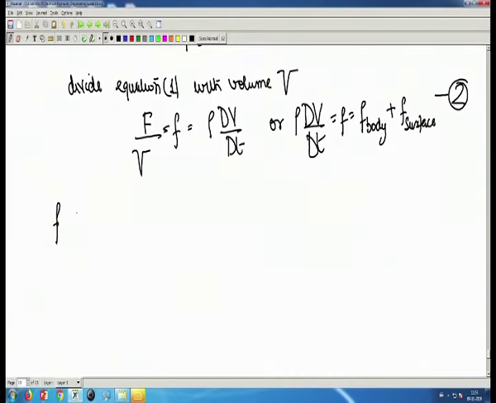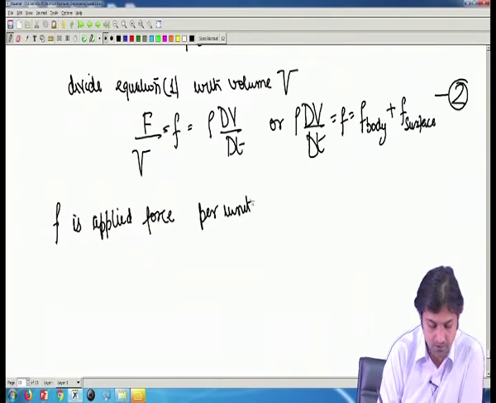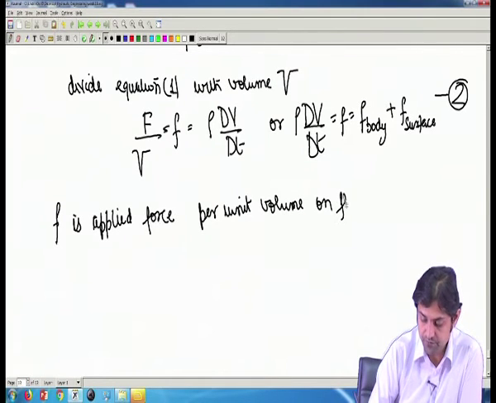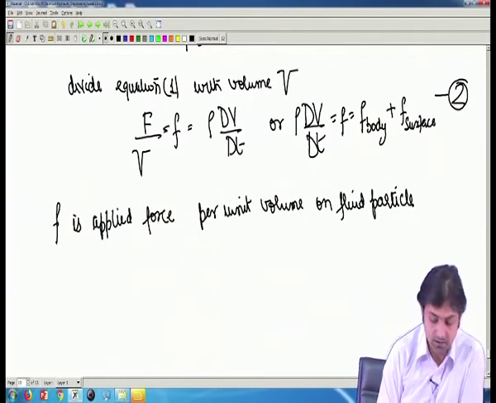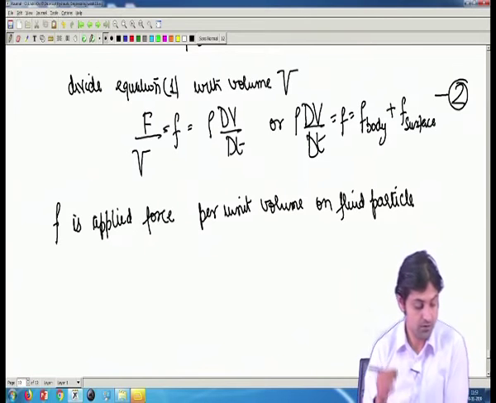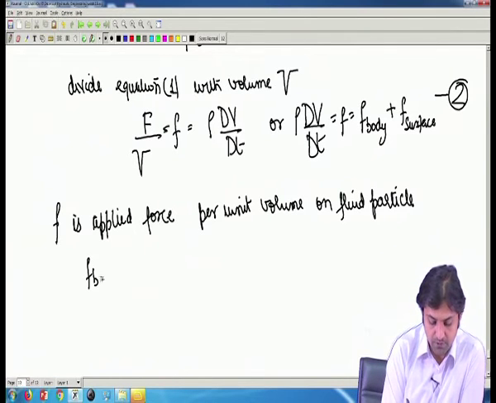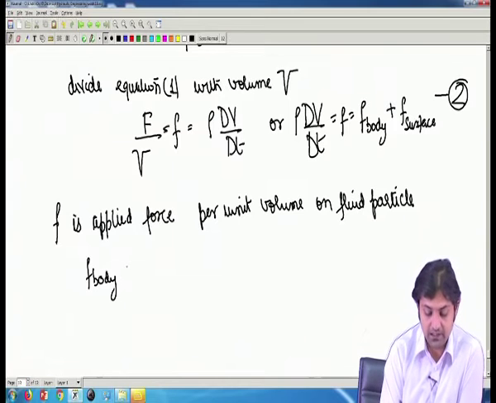So this f is applied force per unit volume on fluid particle. All right. So what is f body? We have to clarify that a little bit.